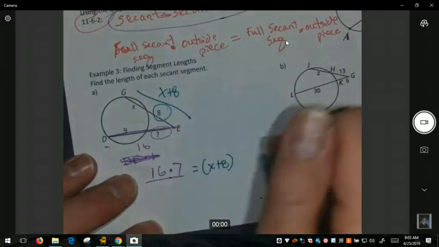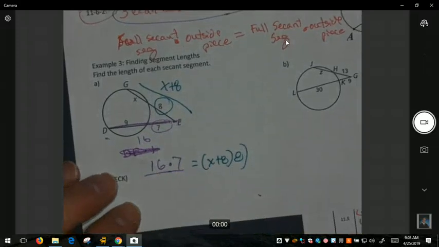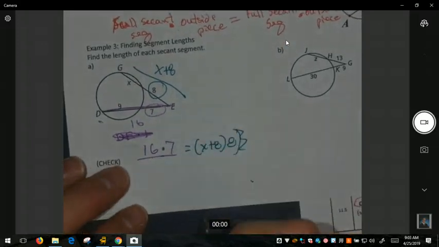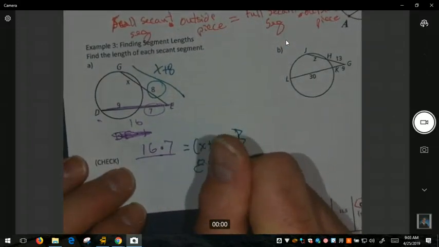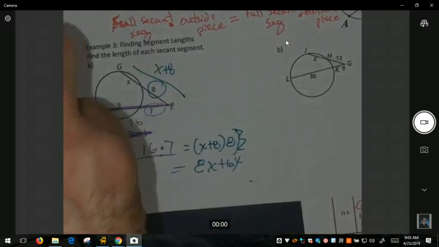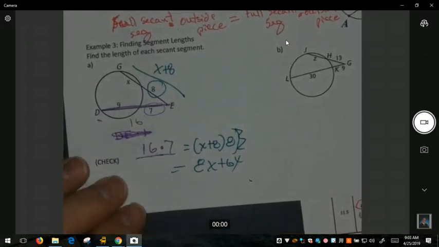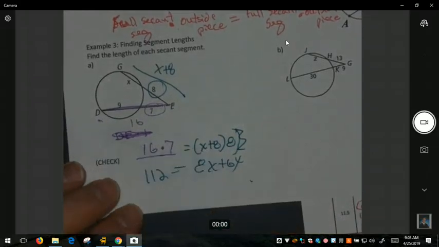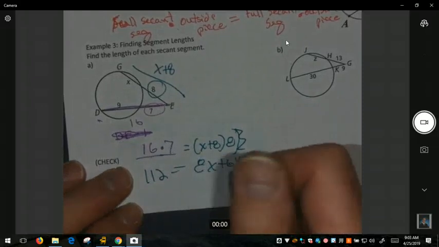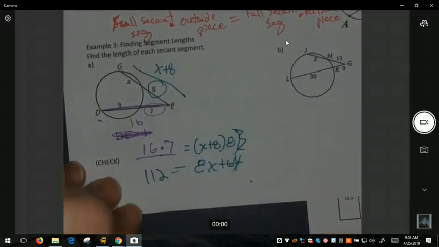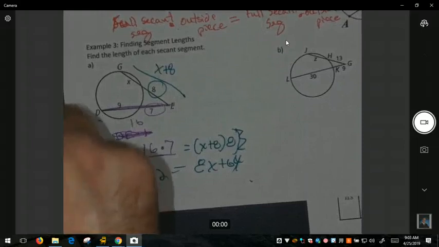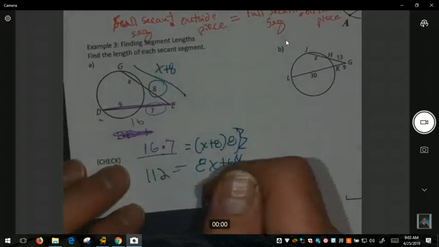The outside piece is 8. So we just have to multiply. I have 8x plus 64 equals 16 times 7, which is 112. 112 minus 64 divided by 8 is 6.